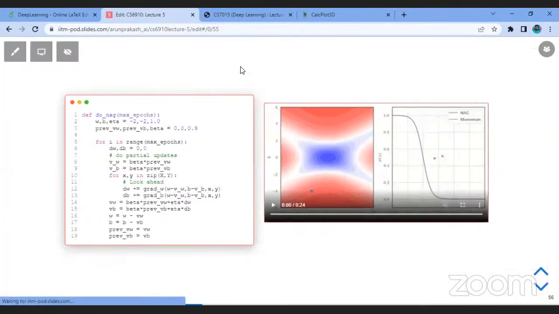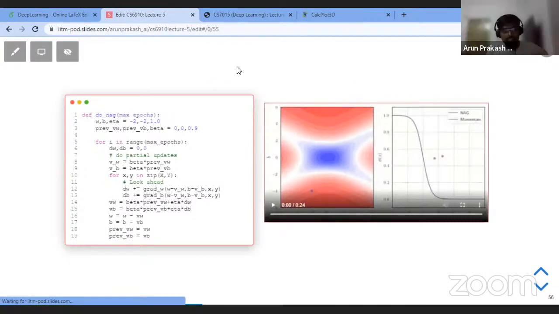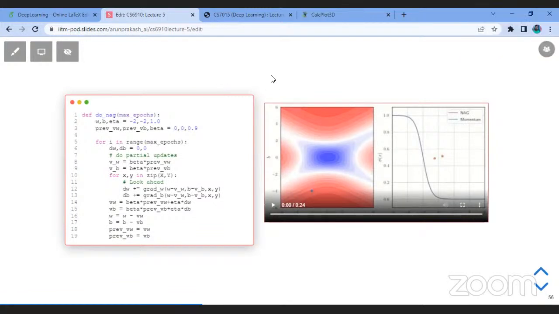So we have to calculate dW and dB both. Of course, yes. So we will have 2 answers for this.